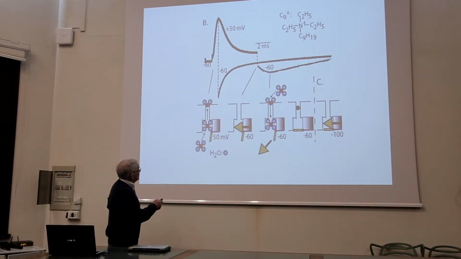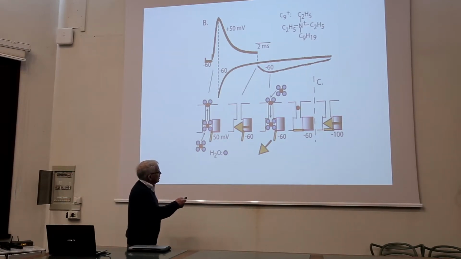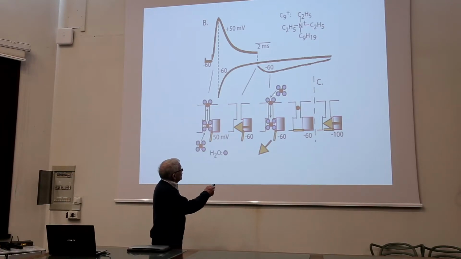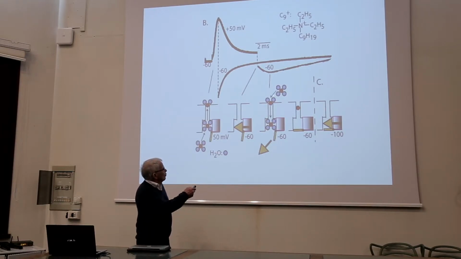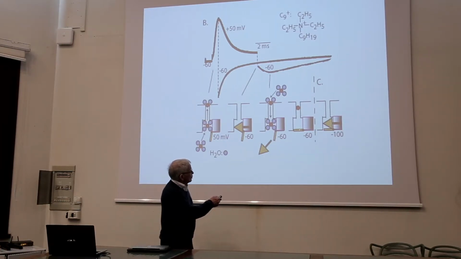So here is the diagram of the potassium ion going through, losing its hydration, going all the way through. If the C9 gets in, it blocks the current. The presence of a lot of potassium in the extracellular solution will push the C9 back out of the channel, and then the channel can close.